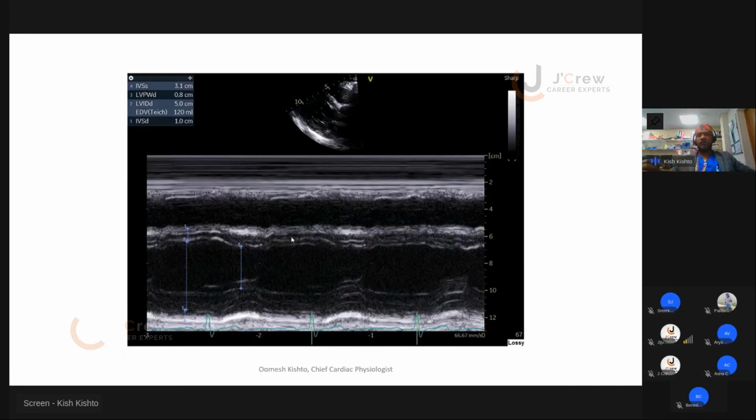So just be careful with the M mode with that. We don't do it routinely in practice, but according to the guideline on the BSc, you have to do it for your logbook, your video case. This measurement is very old school, but we don't routinely do it.